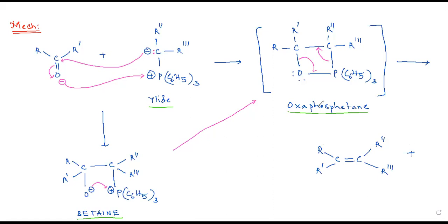Along with this, what is the byproduct that we got? This one. Yes, a double bond oxygen. So this is triphenyl phosphine oxide. That is the byproduct.